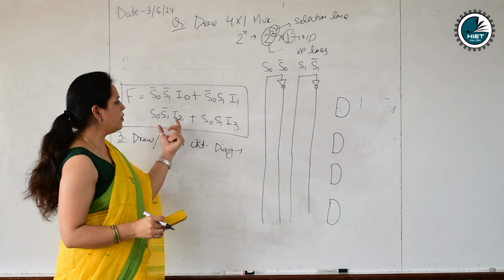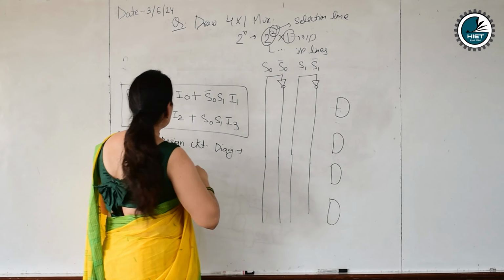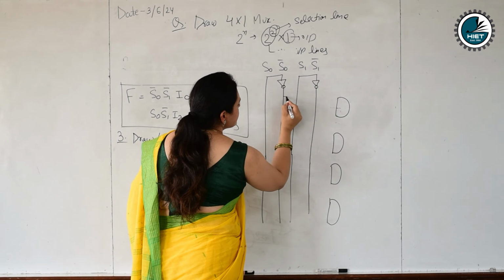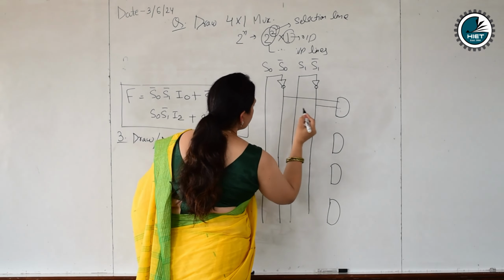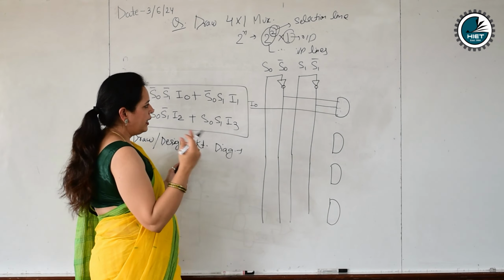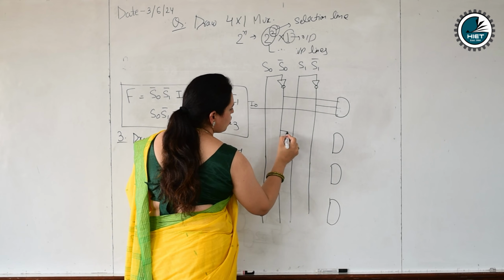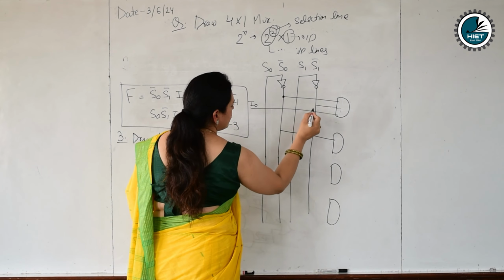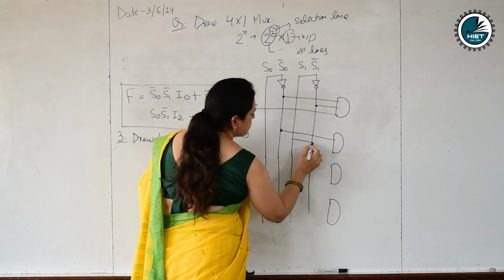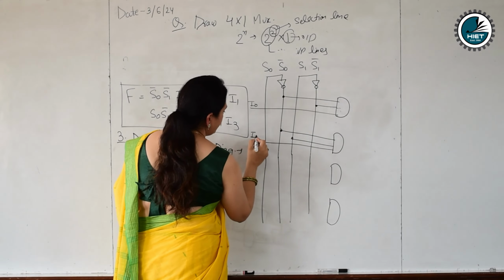So according to the inputs, we can apply them one by one. In the first, we have S0 bar, S1 bar and I0. So this is S0 bar, S1 bar and this is the I0 input. In the second one, we use S0 bar, so connect with the S0 bar. And the second is S1, so connected to this branch, and the input is I1.